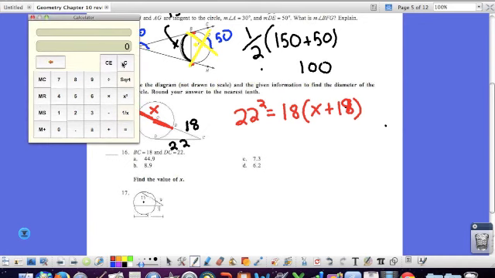So 22 squared equals 484 equals 18 times x plus 18, which is 18x plus 18 times 18, which is 324.